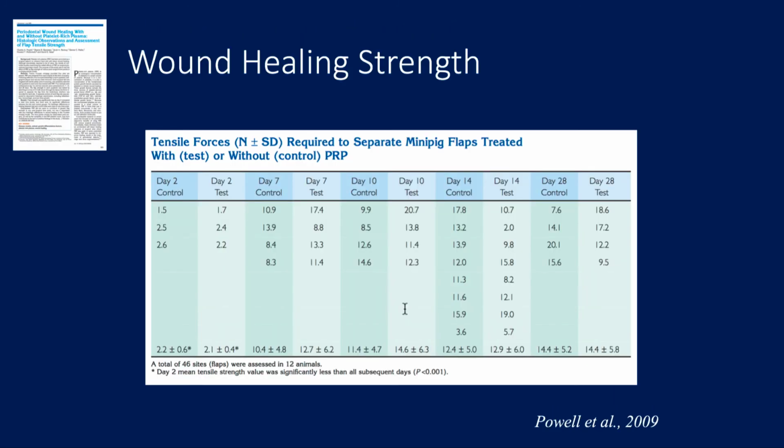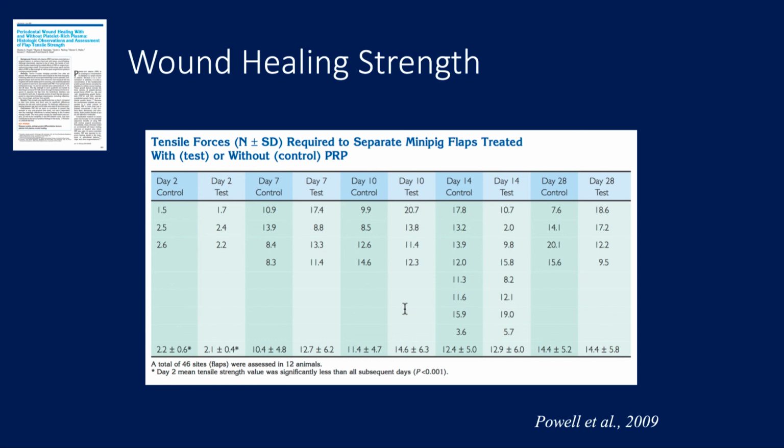One other study that backed up this data was done in mini pigs and published in 2009. Again, this study involved flap reflection for the control with replacement of the flap. And on the test side, they received flap reflection, placement of platelet-rich plasma, and then replacement of the flap.